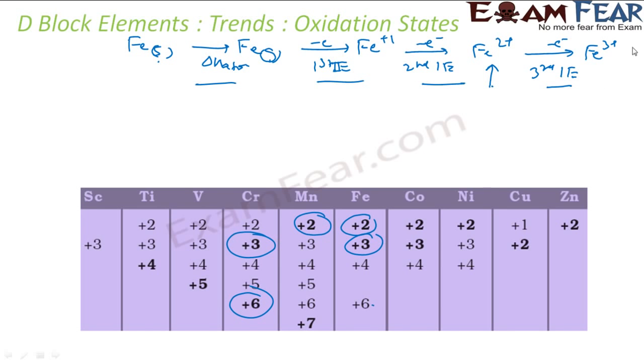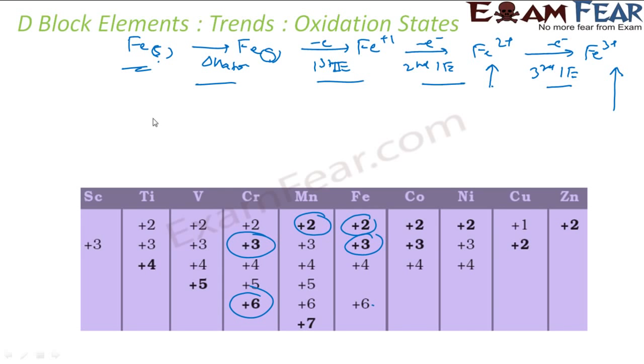But this more energy is actually compensated by higher energy release. So in this case you release higher lattice energy, in that case a little lesser lattice energy. So the point I'm trying to say is the lattice energy actually compensates for the atomization energy and ionization energy required to convert a typical metal from a solid state to ion state.